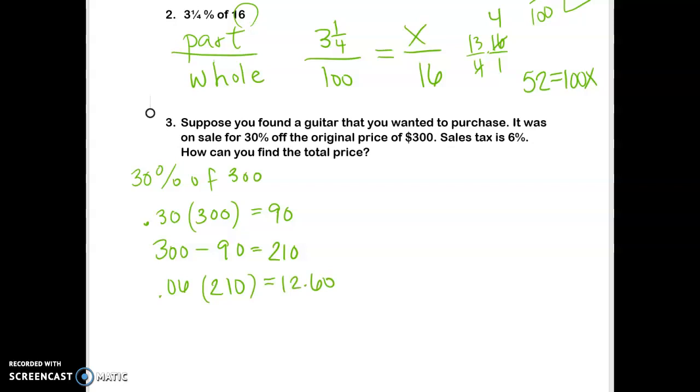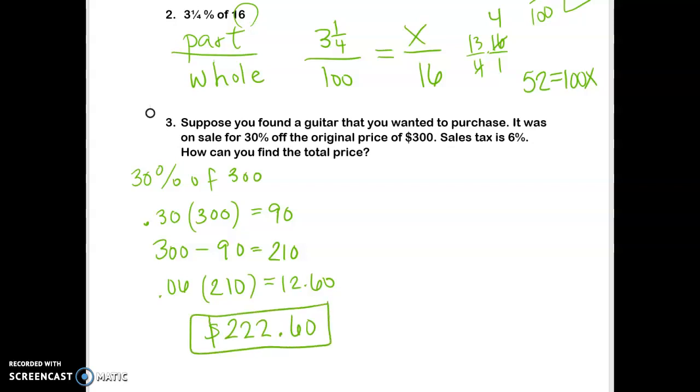Okay? So $12.60 is the sales tax added to our $210. So in order to get our final price, we need to add the 210 plus $12.60. So our final sales price will be $222.60.